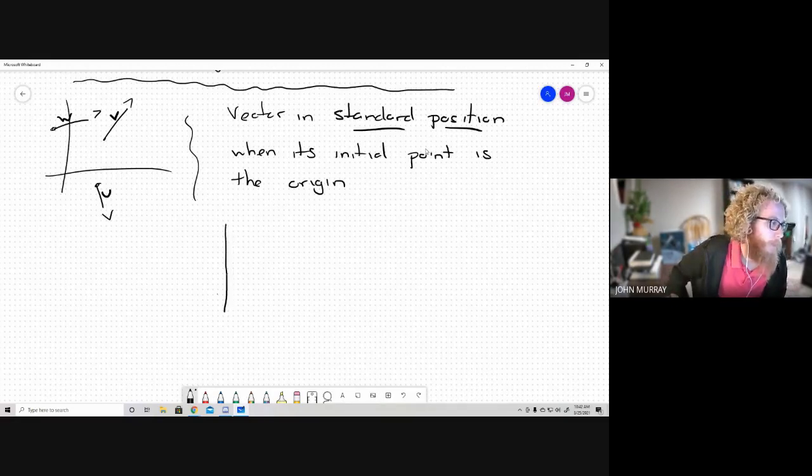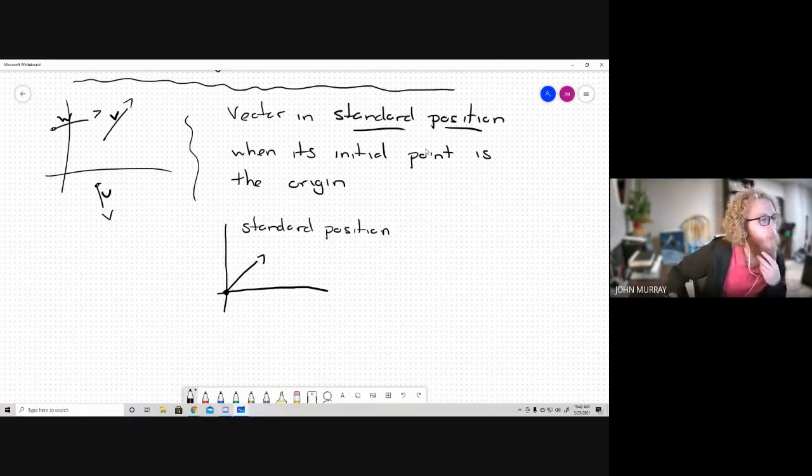Now, one of the reasons we like to deal with standard position is because it removes that randomness, wherever that initial point is, it makes it (0, 0). So that makes things easier for us, because then for finding the slope and the magnitude, you don't have to deal with two coordinates. You really only have to deal with one coordinate, and that's where the terminal point is.